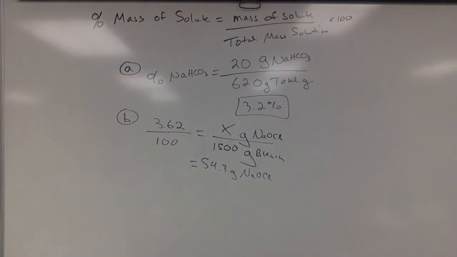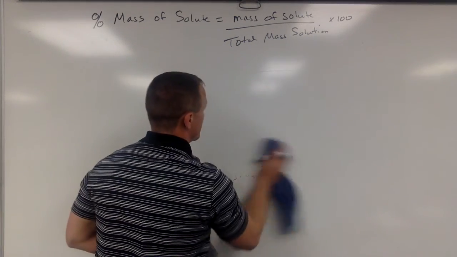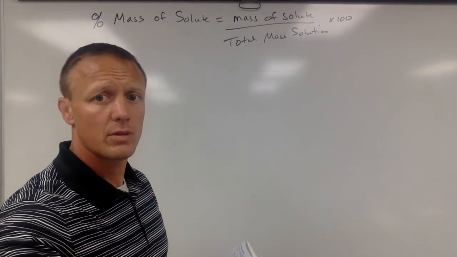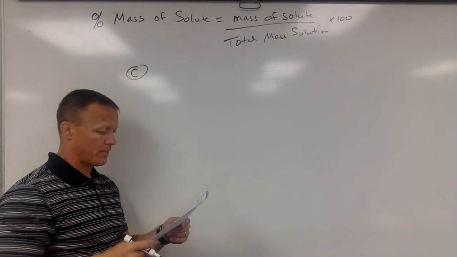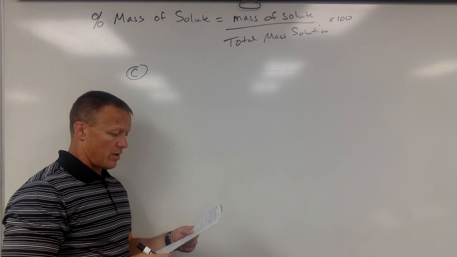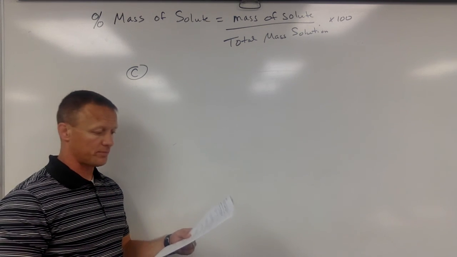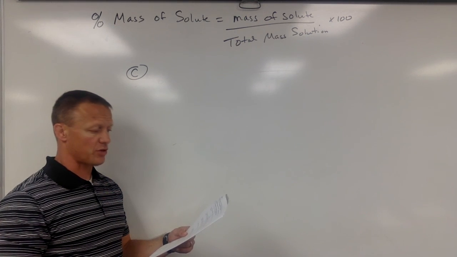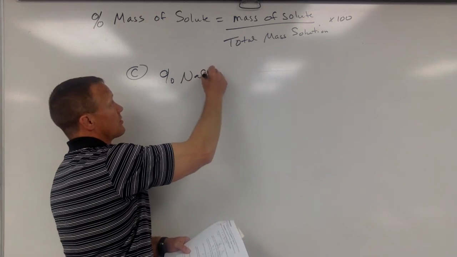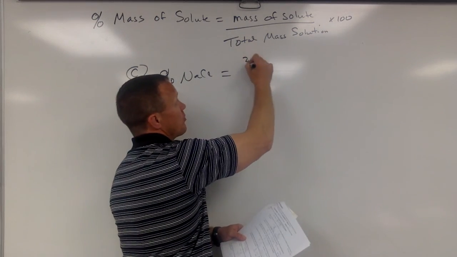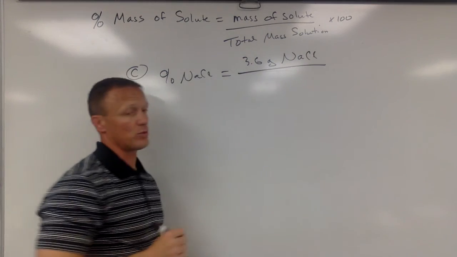Letter C there. So letter C is saying, in order for an aquarium to be similar to ocean water, you need 3.6 grams of salt per 100 grams of water. So what's the percent of salt? It says you need 3.6 grams of salt per 100 grams of water.